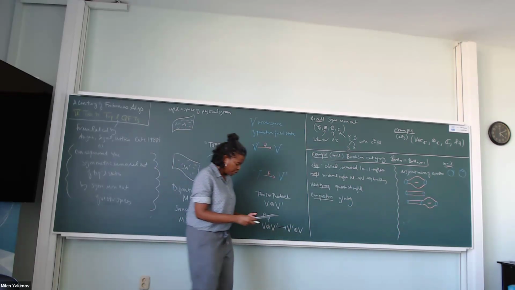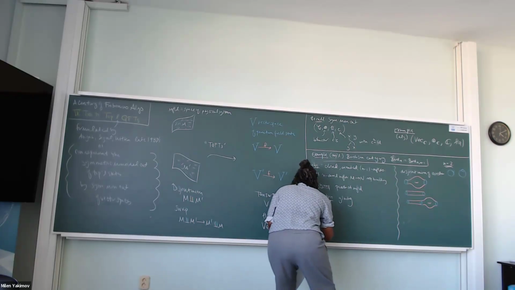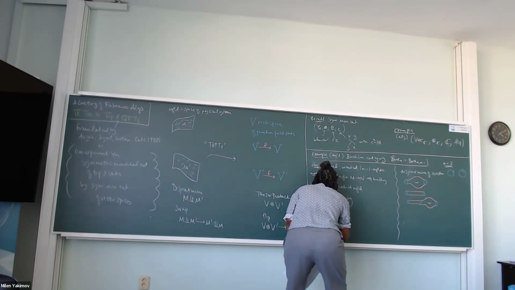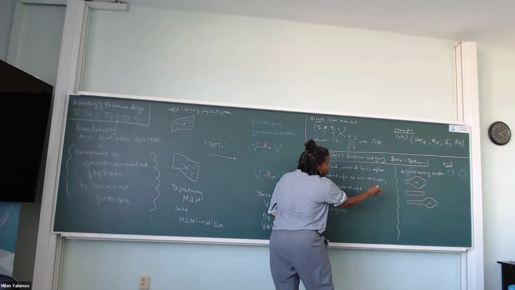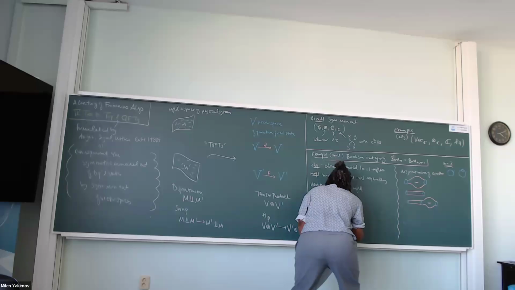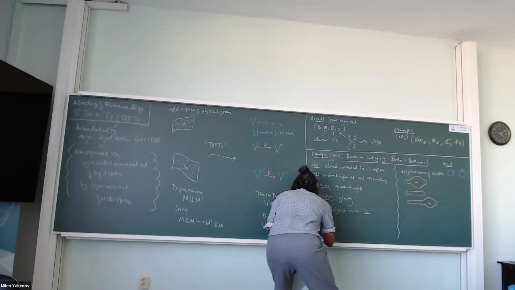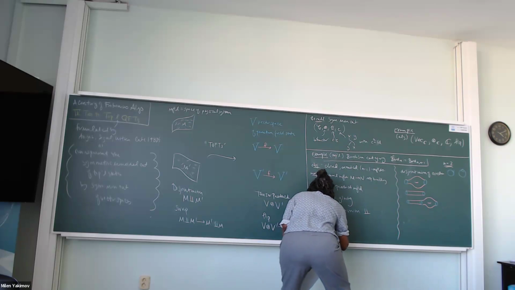Now, how is this thing monoidal? The monoidal product is going to be given by just taking the disjoint union, putting the circles side by side, putting the manifolds side by side. And the unit is going to be the empty manifold.